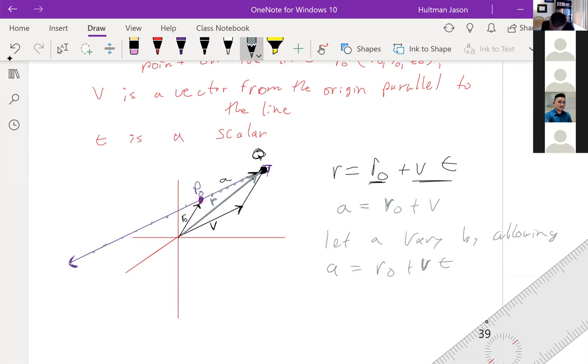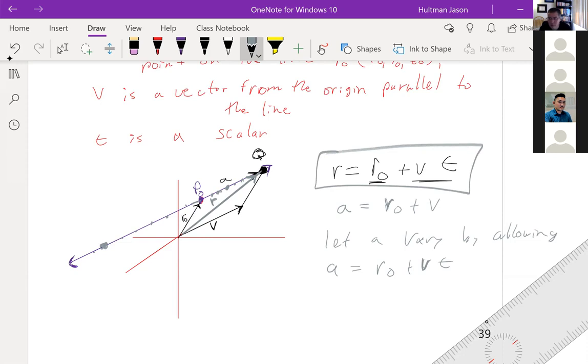Say t was equal to -3. Well, that would be this point. What if I wanted t to be 1/2? Well, that would be this point. What if I wanted t to be 1/3? Well, that would be this point. You see that? By allowing t to vary, it gives me every single point on that line.